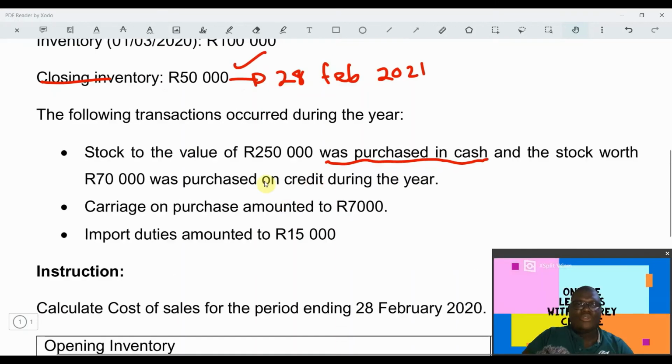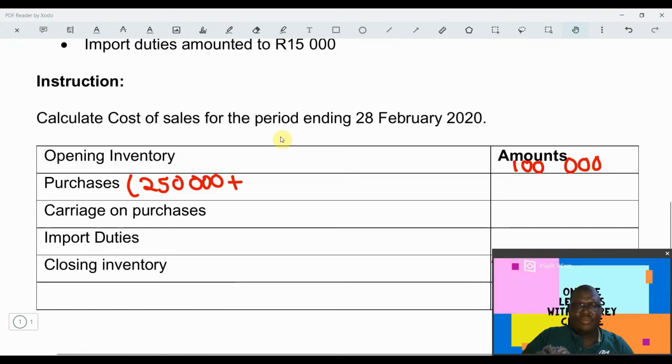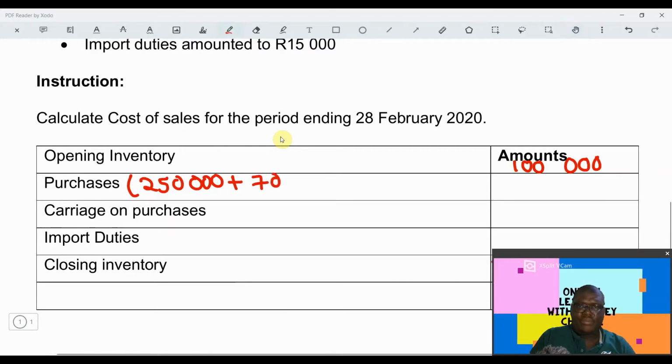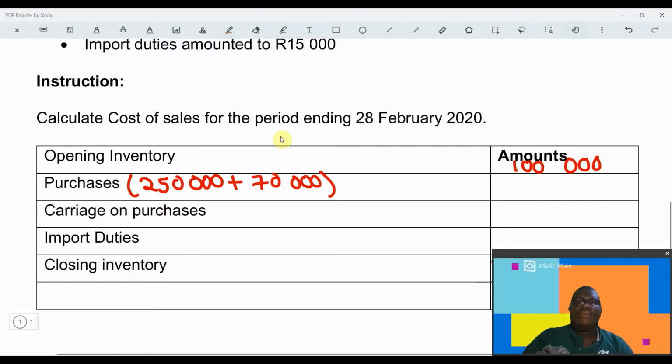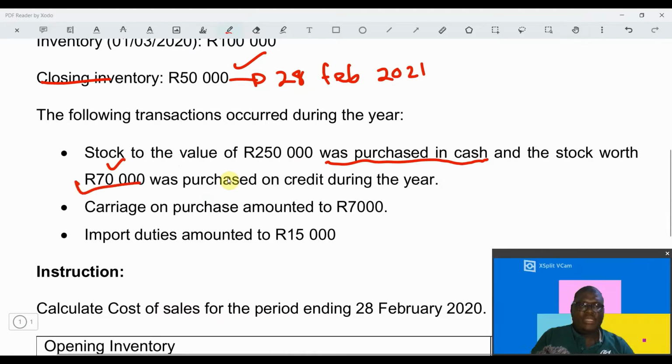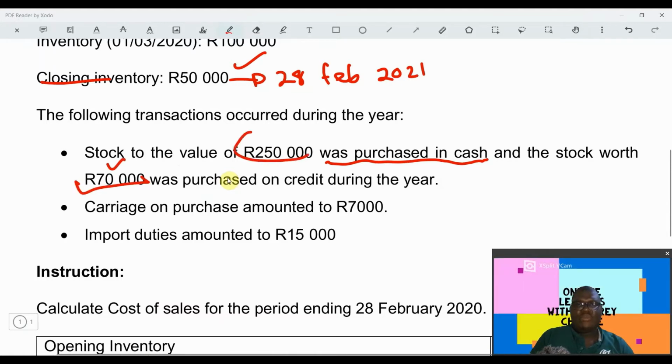Okay, so we're going to add 70,000 to this 250,000. So we're going to say plus 70,000. And then this transaction will be complete because there was nothing else that was purchased. So we have dealt with the 70,000, and we have also dealt with the 250,000 for cash purchases.